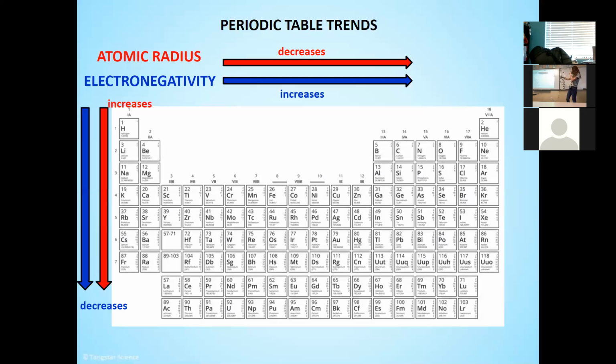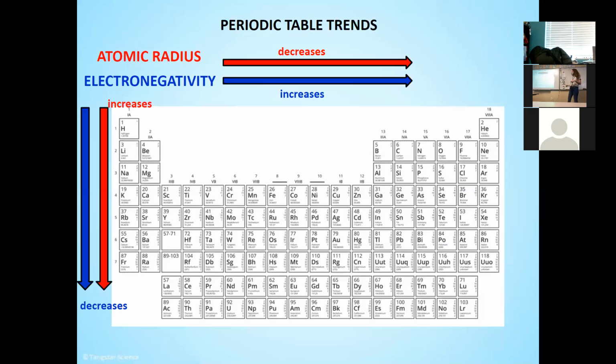Fluorine is the smallest. I mean, hydrogen is a smaller atom, but on this row, fluorine is the smallest. Well, no, neon is going to be the smallest because they're holding on so tight to their atoms.